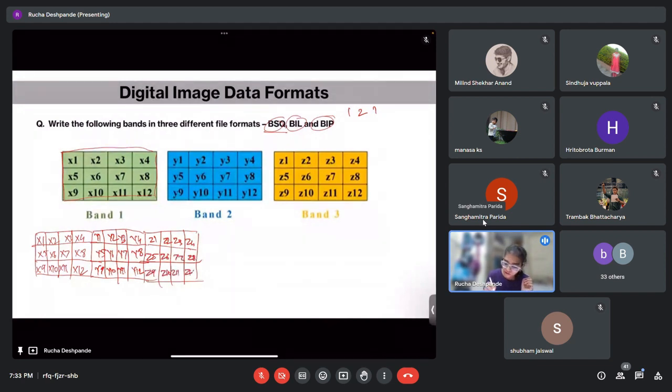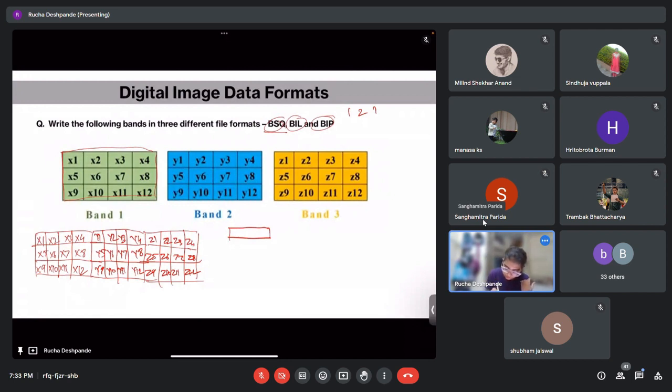Okay, in band interleaved by line, what happens is one line from the first band, then one line from the second band, one line from the third band. So instead of taking the whole image, it takes the information line by line.